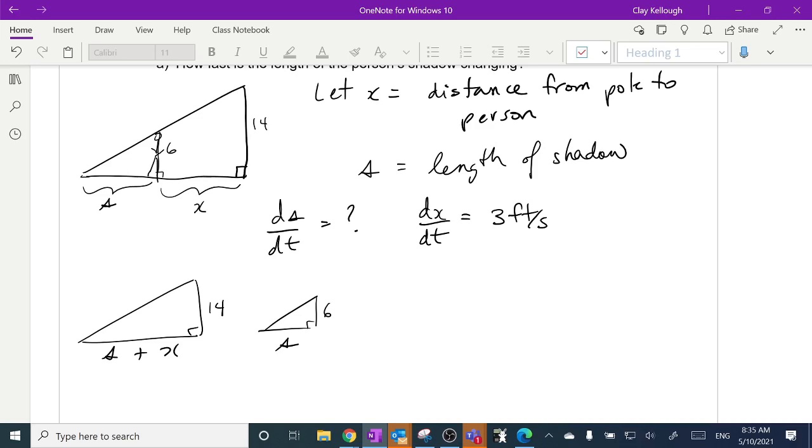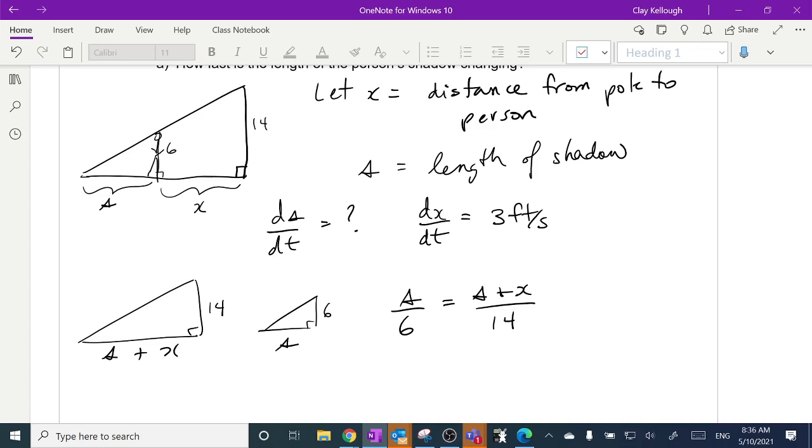So I can say that the base over the height for the little triangle has to be exactly equal to the base over the height of the big triangle, right? And that would always be true no matter where this person was standing. The 2 triangles that the situation makes have to be equal to each other by proportion.